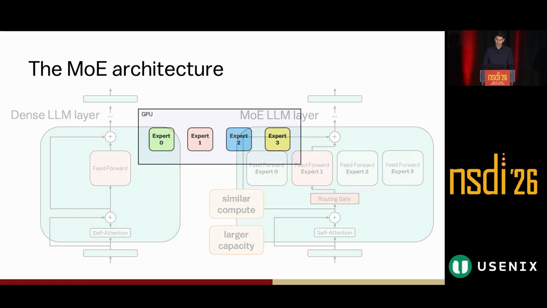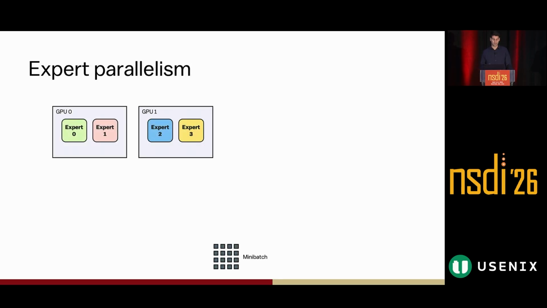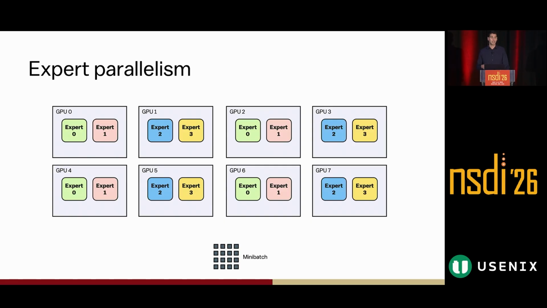Okay, so how do we deploy this? In modern systems, we have hundreds of experts. It would be extremely wasteful to place every expert in every GPU's memory. So we do expert parallelism. In expert parallelism, we place different experts in different devices. And to increase training throughput, we also simultaneously use expert data parallelism, where every expert class is replicated a constant number of instances.